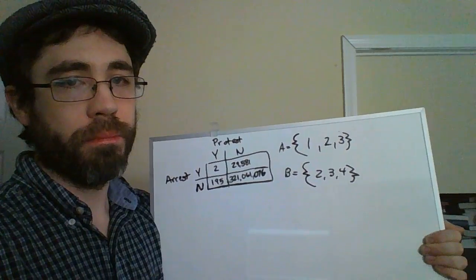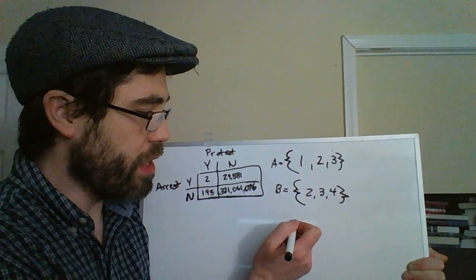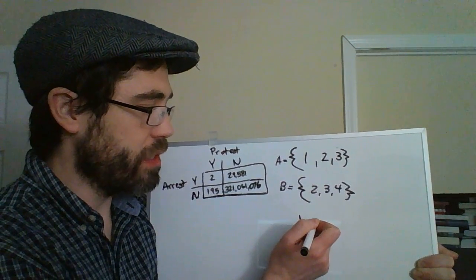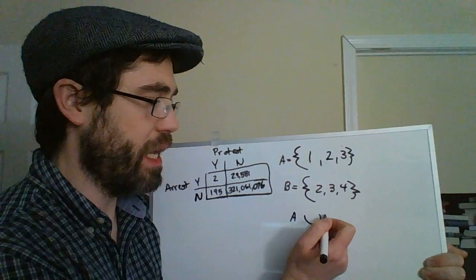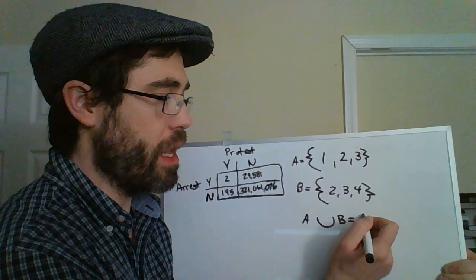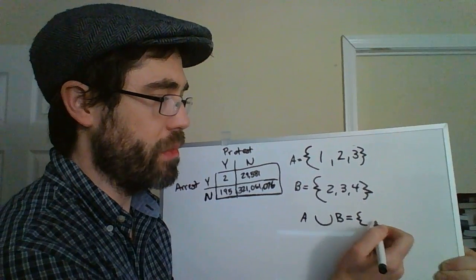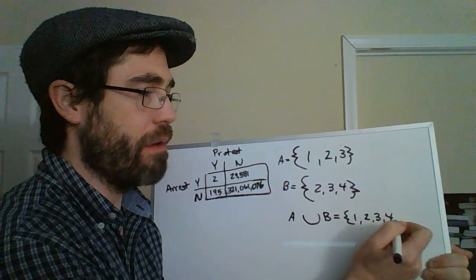Now, what if we want to put these together? There's a number of ways to combine them, right? So the union of 2 sets, represented by this big wide U, union of set A and set B, is all the cases that are in one or both of them. So in this case it would be 1, 2, 3, and 4.